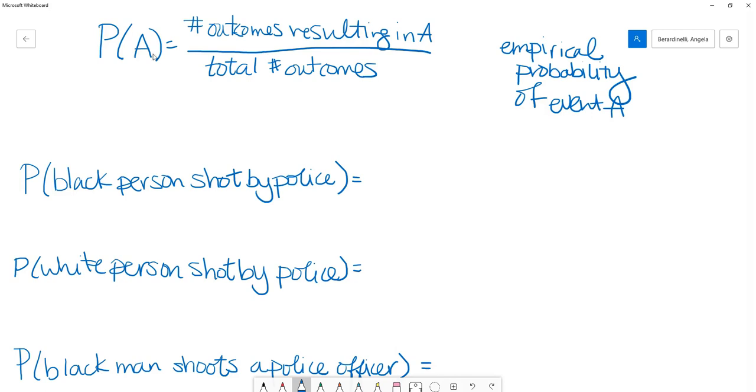So the probability of event A, usually denoted by P parentheses A, is the number of outcomes resulting in A divided by the total number of outcomes. So you're thinking about some sample space that has a specific number of outcomes, and you're looking at how many of those outcomes result in the event that you're interested in.